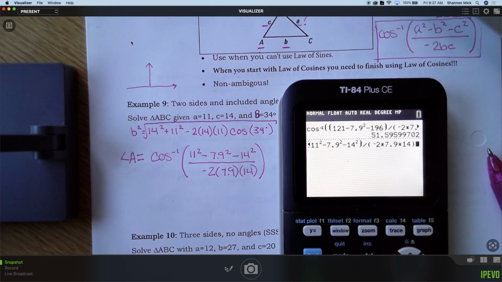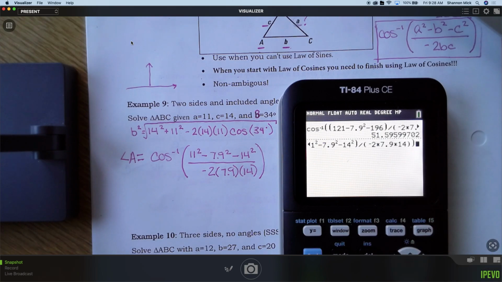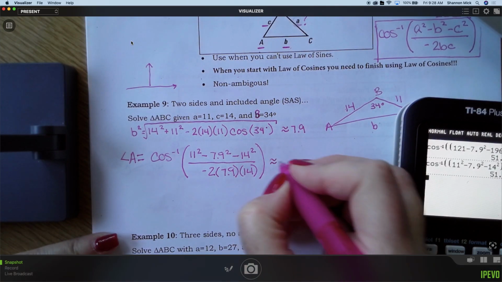End the second parenthesis and end the first parenthesis. See how it went bigger on mine? Yours it won't, but on mine it will. Oh, I got it. So you forgot a parenthesis somewhere. So approximately 51 point what? 6.